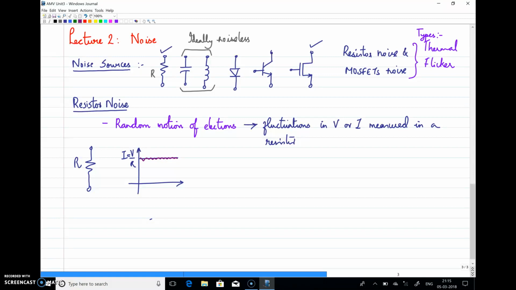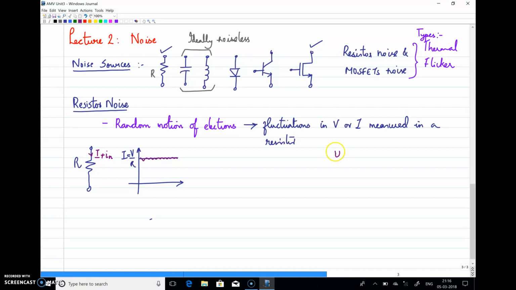So the expected current is V by R, but along with that we can expect a small noise in the current. But we know that noise cannot be represented with an amplitude or instantaneous value.